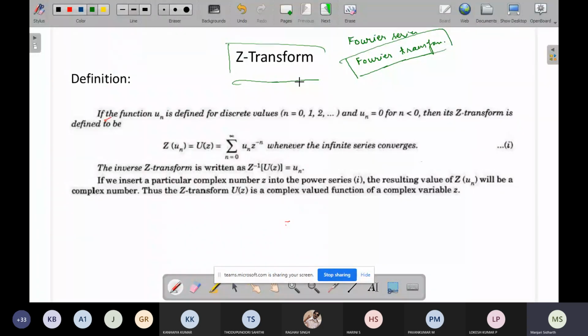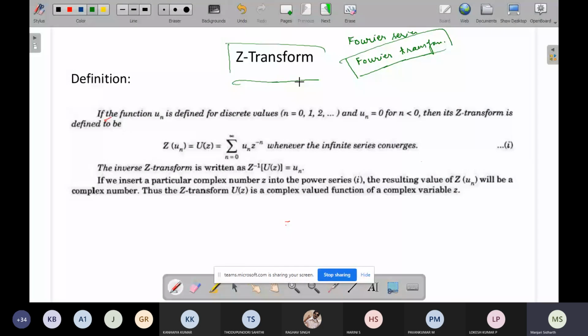Already we have discussed in one class, in module 1, that the function is continuous or continuous in subintervals. So for the continuous functions, we have done the Fourier series, and Fourier transforms for the continuous function.